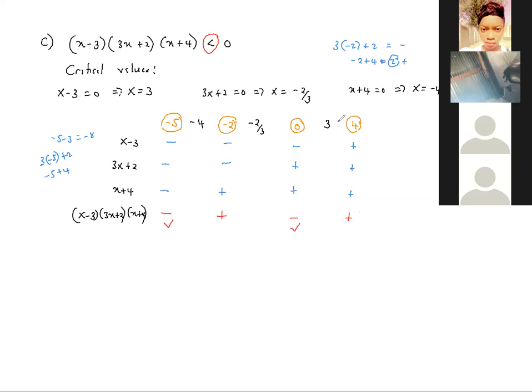So the solution set, therefore, is going to be negative infinity up to negative 4, union negative 2 over 3 up to 3. So this will be the solution set. These are the only intervals where the expression on the left will be less than 0.